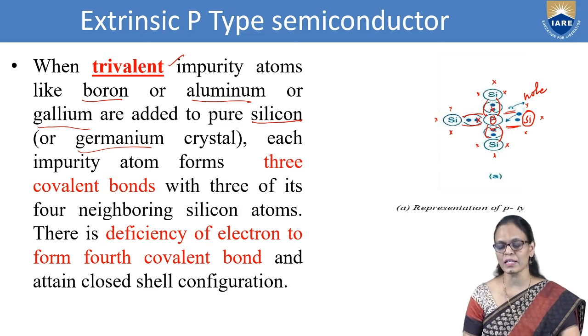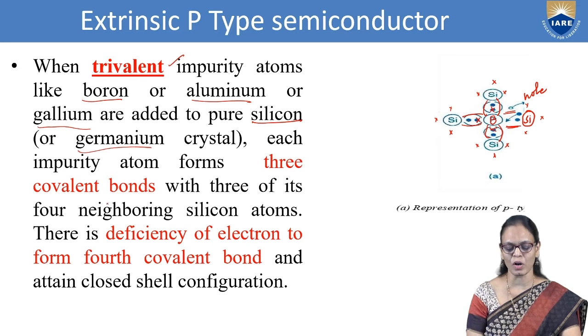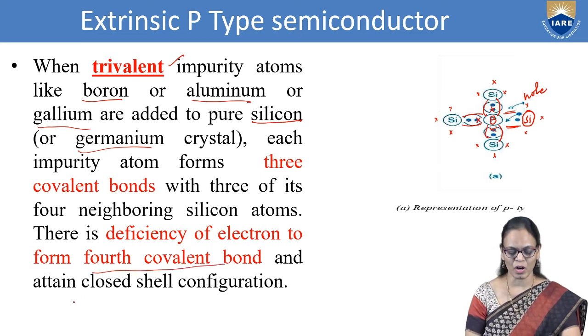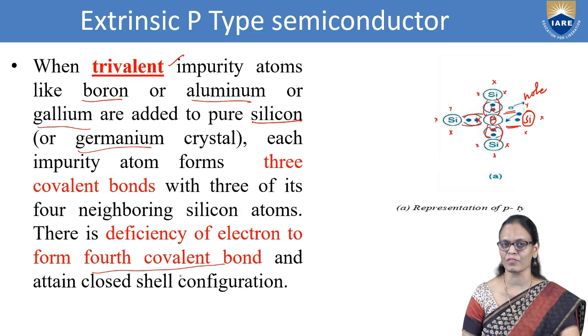So each impurity atom forms 3 covalent bonds with 3 of its neighboring atoms. There are 4 silicon atoms neighboring, but only with 3 it can form the bond because it has only 3 valence electrons, and therefore there is one deficiency of electron to form the 4th covalent bond. So it cannot attain the closed shell configuration.